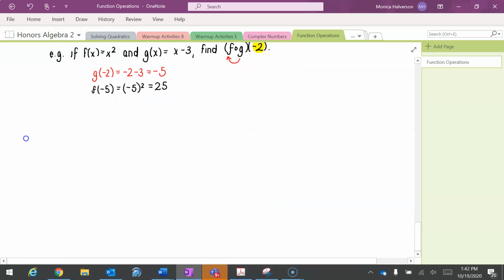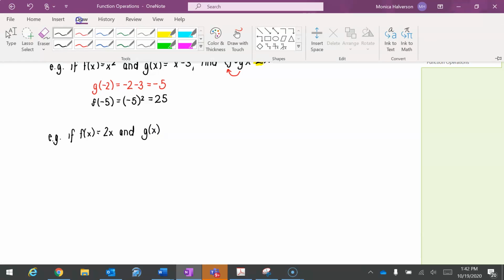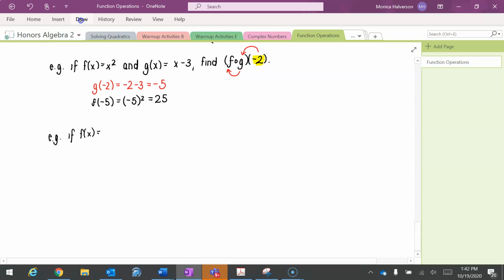Now, I would like you to do two questions on your own. The first question, if f of x is equal to 2x squared plus x minus 3, and g of x is equal to x minus 1, find f composed of g of x.